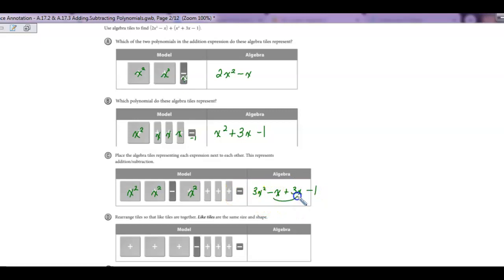And now taking a look at these two, I can cancel out. What this means is this one and this one create 0 pairs, and so those 0 pairs cancel out. And so then I end up with 3x squared plus 2x minus 1. Okay?